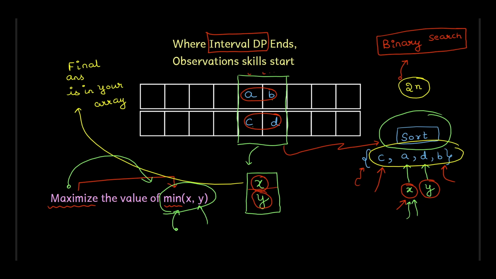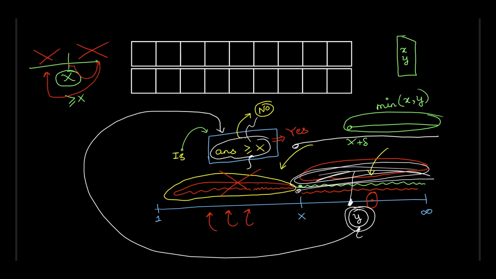This means that even though the problem tells you to minimize x comma y, the minimum of x comma y is actually equal to x. Why is that? Because we placed the second smallest element over here and the third smallest over here. This means that y will always be greater than or equal to x.